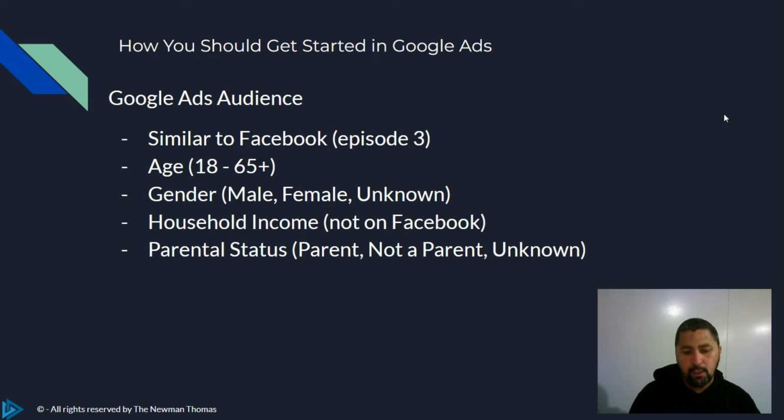For example, if you want the ads to target people with over $100,000 per year annual income, you can do that. Facebook does not allow you to do that. Another thing that Google does that Facebook doesn't do is parental status: is this person a parent, not a parent, or unknown?